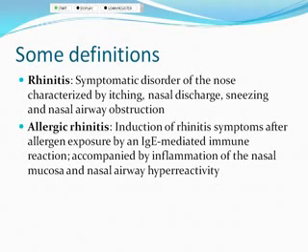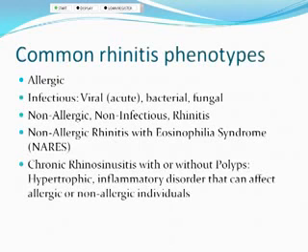Rhinitis, as we're all familiar with, has general symptoms that include nasal discharge, sneezing, airway obstruction, and itchiness as the hallmark signs. Allergic rhinitis basically means an IgE-mediated mechanism with inflammation, airway hyperreactivity in some ways, and also mucosal thickening and remodeling.